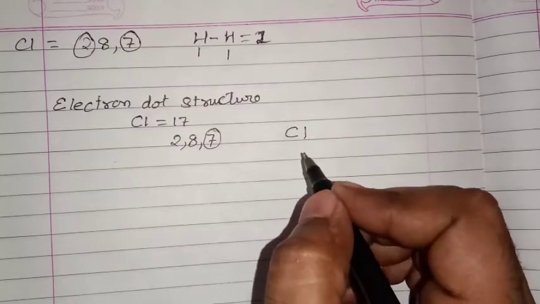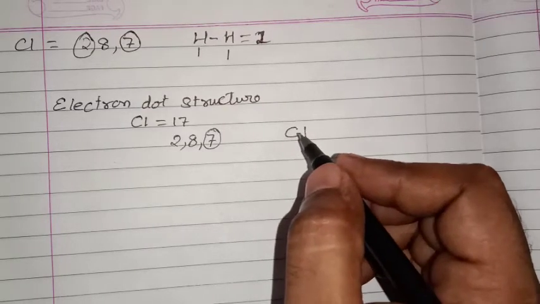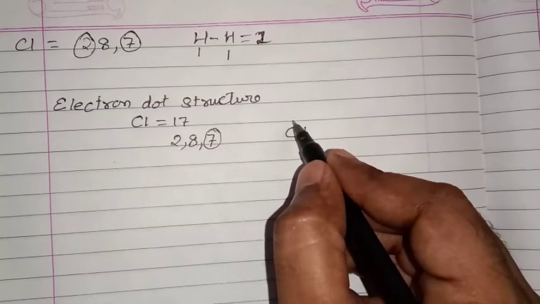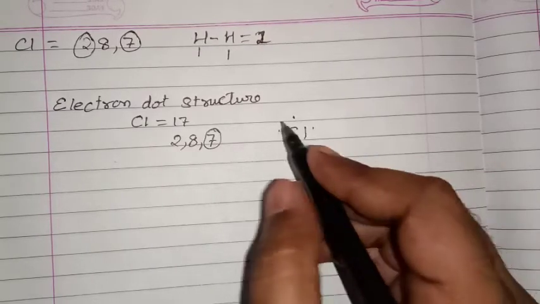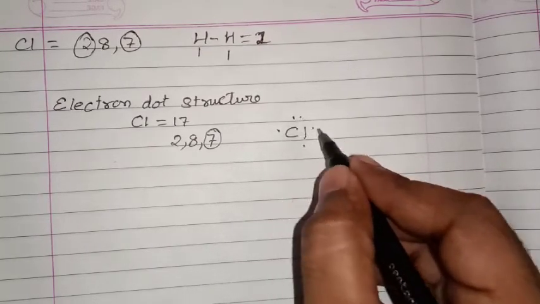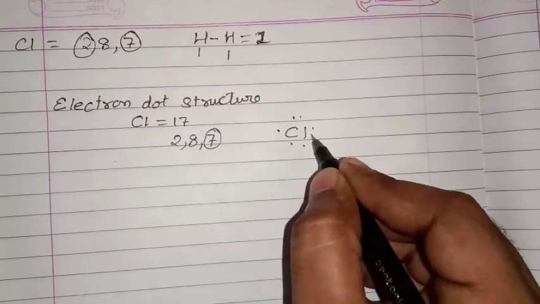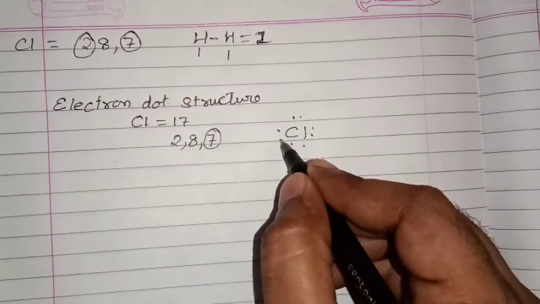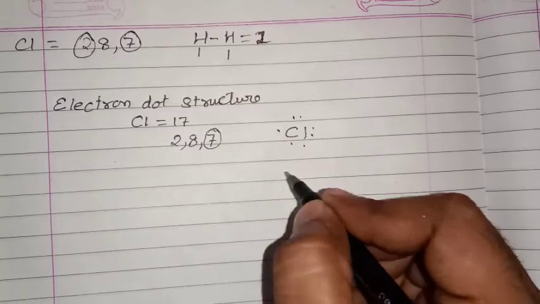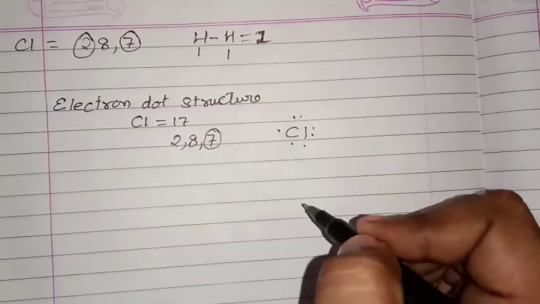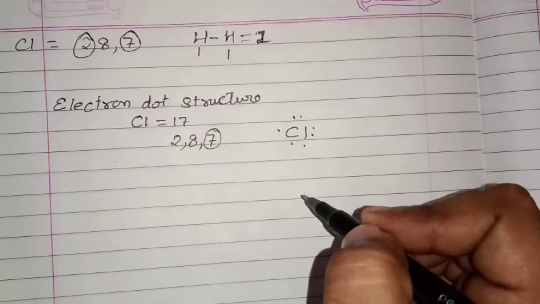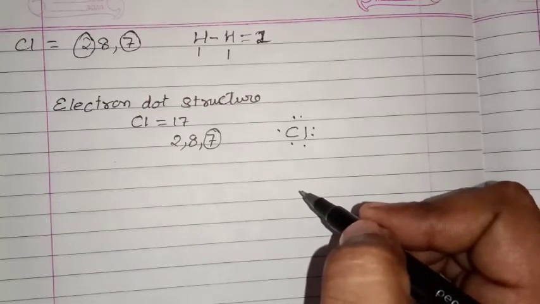We know that the outermost shell can hold a maximum of 8 electrons. So 1, 2, 3, 4, then start pairing 5, 6, 7. Now how many electrons are remaining? One more electron is needed for pairing, to complete its octet. This kind of structure is referred to as the electron dot structure.